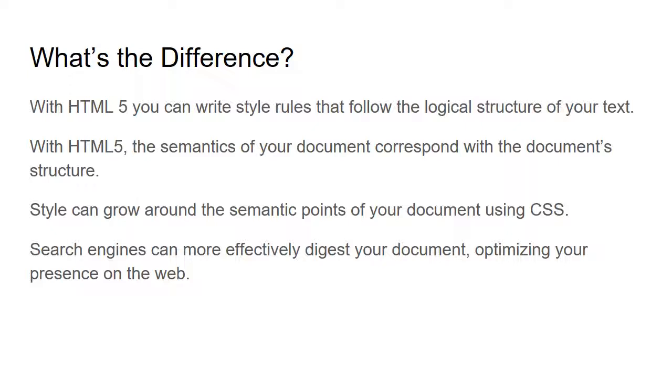So instead of saying, okay, H1 will have purple text, H3 will have blue text, H5 will have red text, and paragraph will have courier text, instead you say headings have this color, section headings have this color, and the article text has this color, this font, whatever. That will make your document more readable.